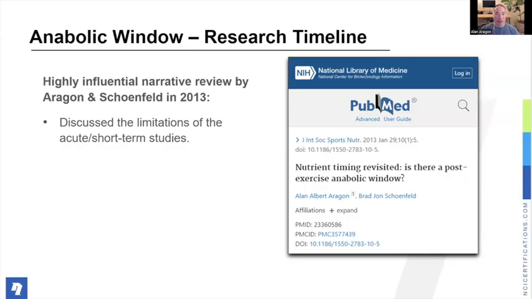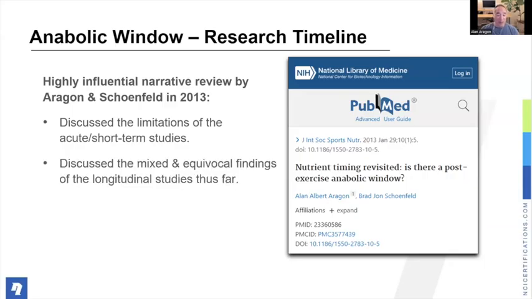In our narrative review, we discussed the limitations of the short-term studies, which I just did. We also discussed how the body of studies to date, looking at anabolic window, post-exercise timed protein and/or carbohydrate conditions versus just non-timed conditions, which I'll discuss further, really didn't show a consistent advantage.